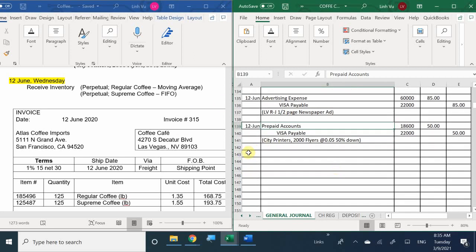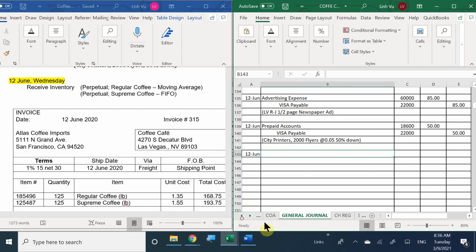All right. So first things first, how do I journalize perpetual inventory? Everything goes into inventory. So let's check out my chart of accounts.